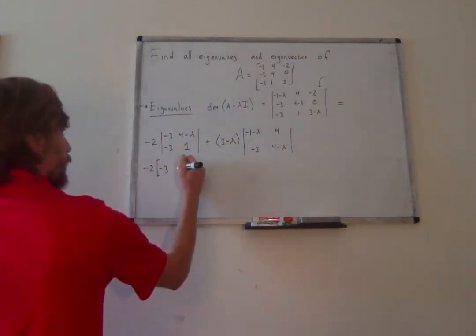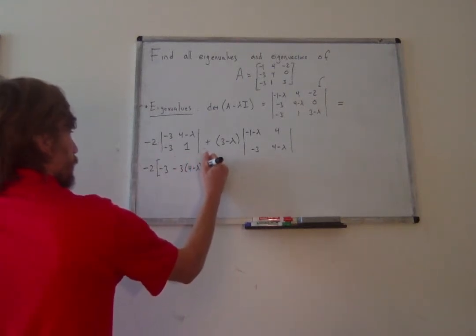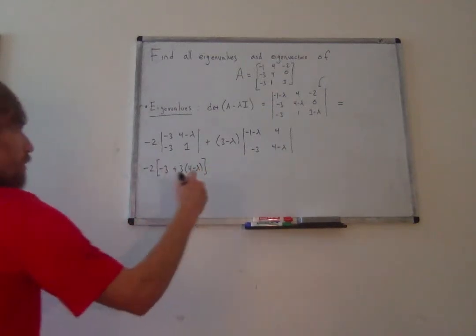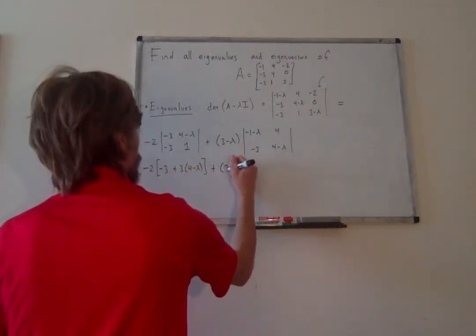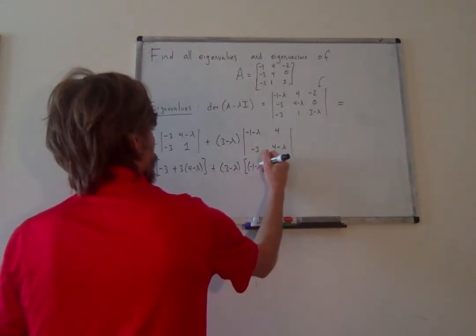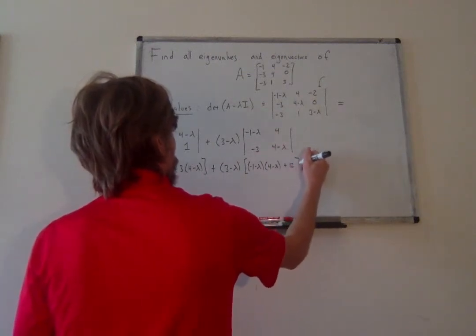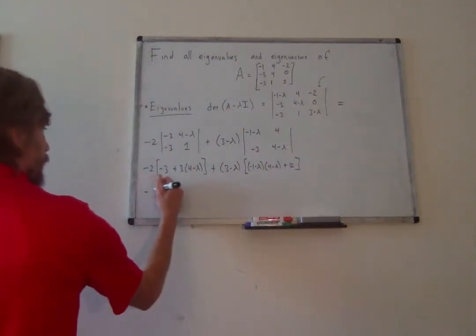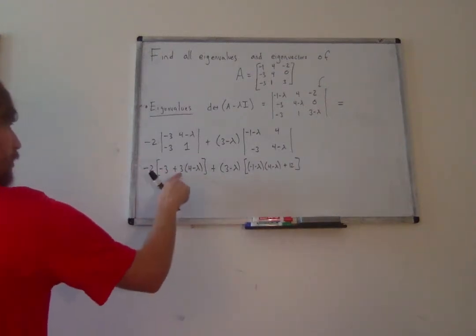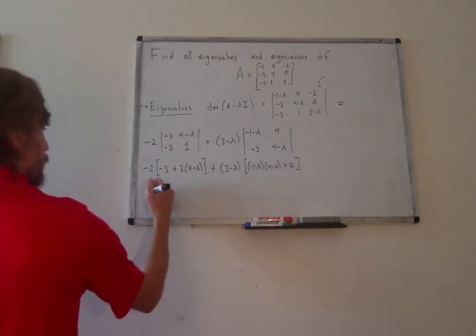So this is -3 minus 3 times 4 minus lambda minus -3, which is plus 3, right? So this would be plus 3 minus lambda times -1 minus lambda times 4 minus lambda plus 12. And so expanding these and simplifying. So inside here, notice we get 12 minus 3, which is 9, minus 3 lambda.